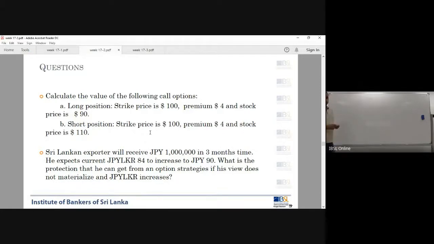It is out of the money. This option will not get exercised. It's a call option. So at 90, the profit will be a $4 loss. You make a $4 loss at 90.